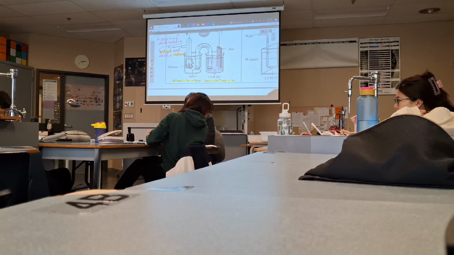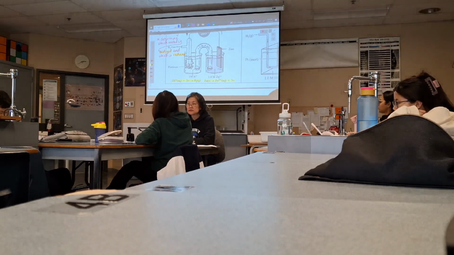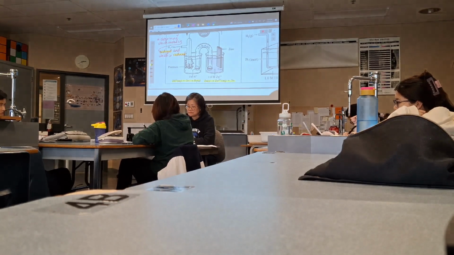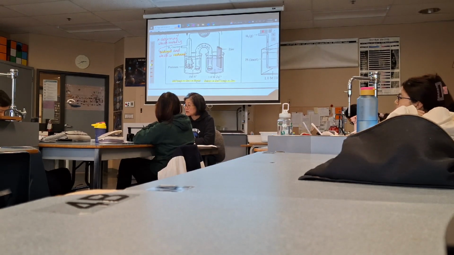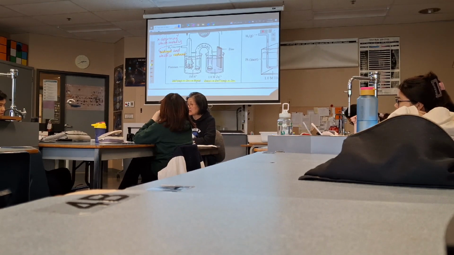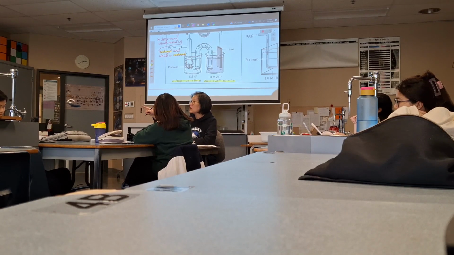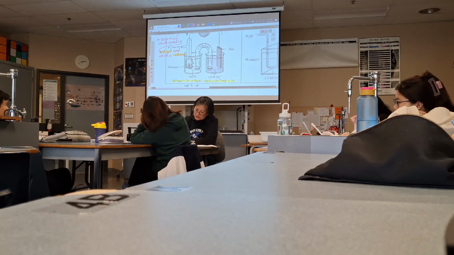What is happening on the hydrogen side? So notice it's a single arrow, yes? The electrons are on the reactant side. That means you're adding electrons. That means you're gaining electrons. That means it is being reduced. So this is your reduction half reaction.